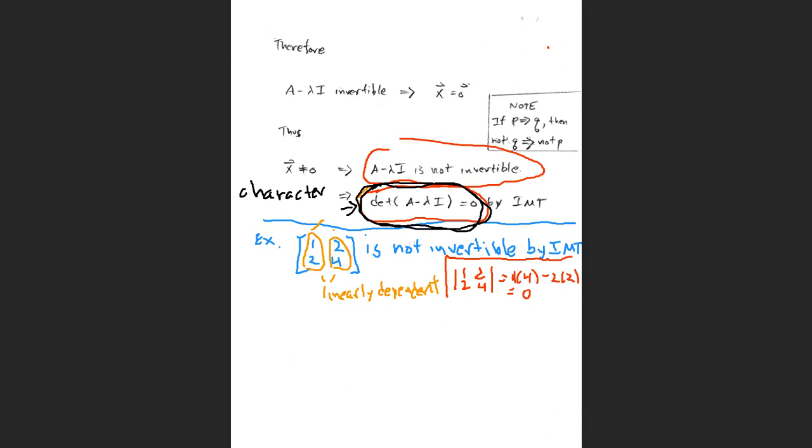I'm giving a lot of letters here. Determinant of A minus lambda I equals 0. What's that equation called? Look in your notes. You just copied it down. That's right, Mikhail. That's your characteristic equation.